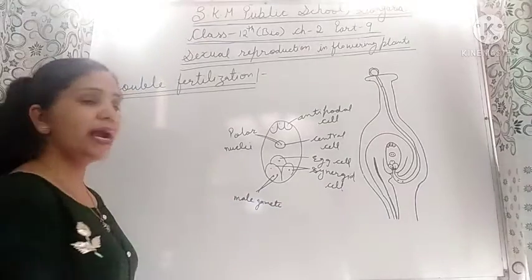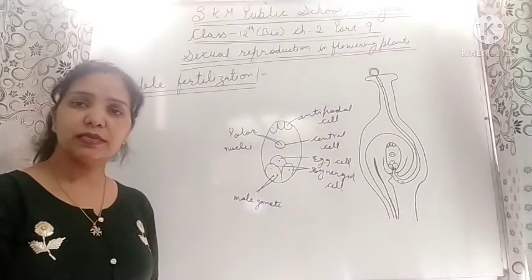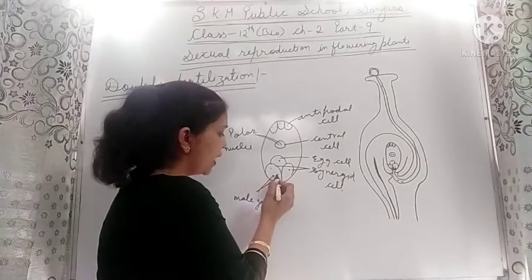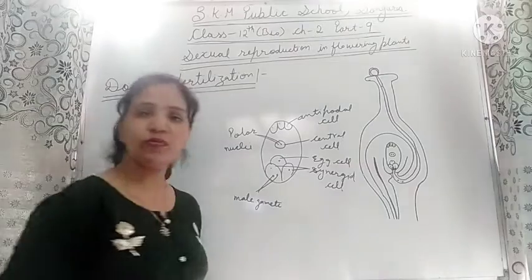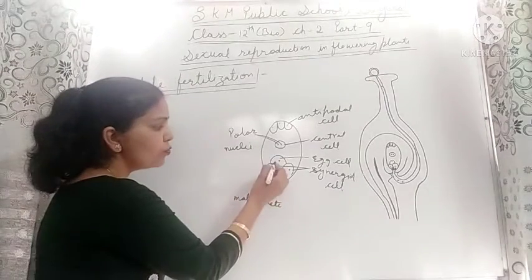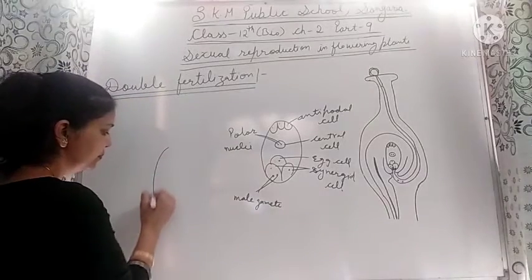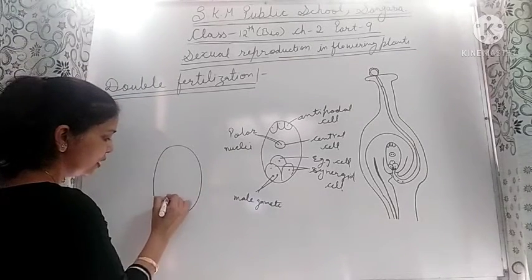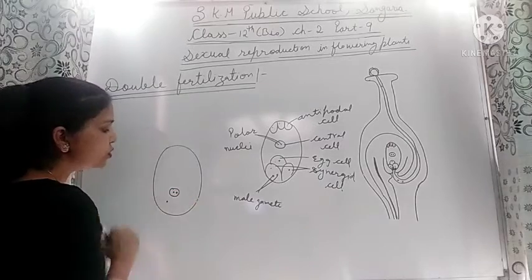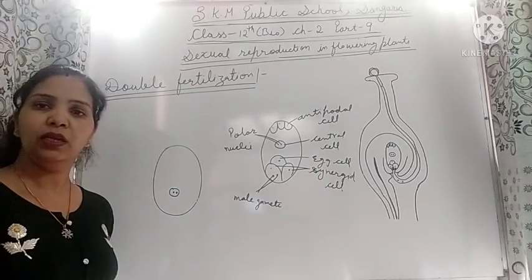Okay, after entering one of the synergids, the pollen tube releases the 2 male nuclei into the cytoplasm of the synergid. One of the male nuclei moves towards the egg cell and fuses with the egg cell.